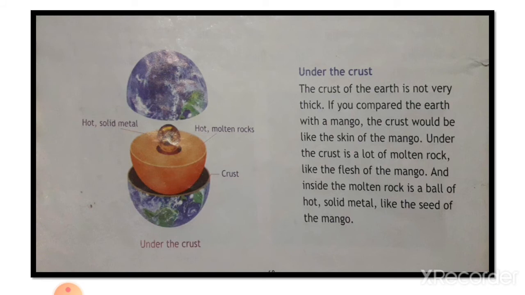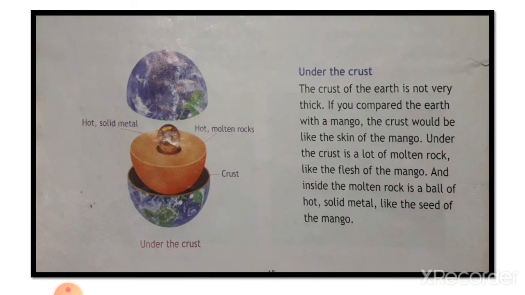And what is under the crust? It is the molten rock, which is compared to the flesh of the mango. And what is inside the molten rock? It is a very hot solid metal, like the seed of the mango. So the earth has the earth crust, the molten rock, and the hot solid metal.